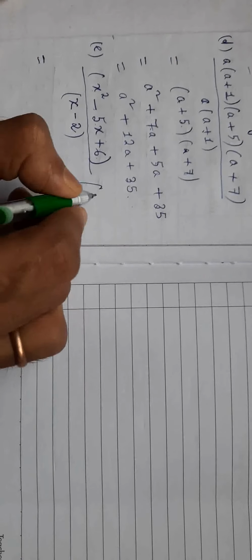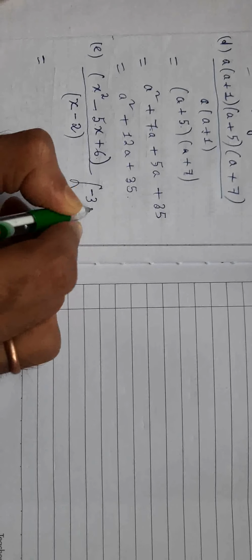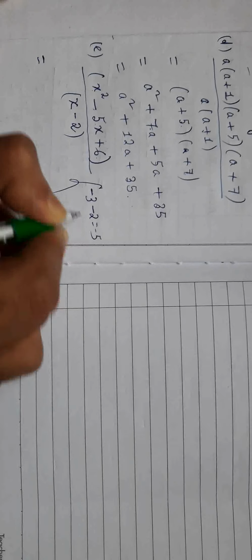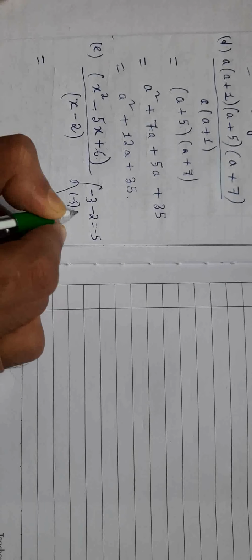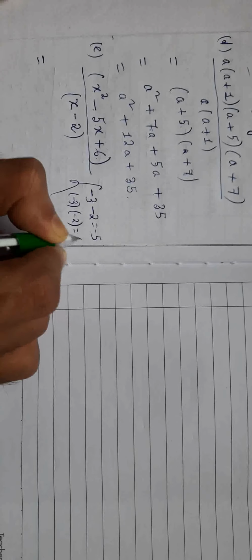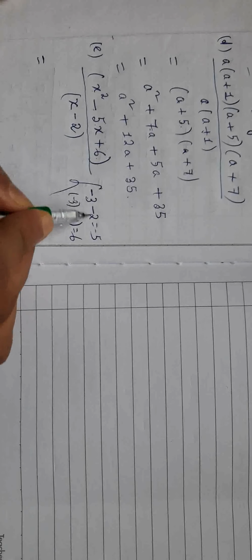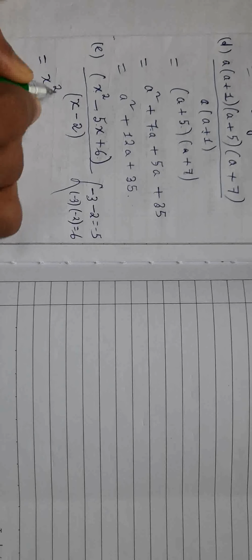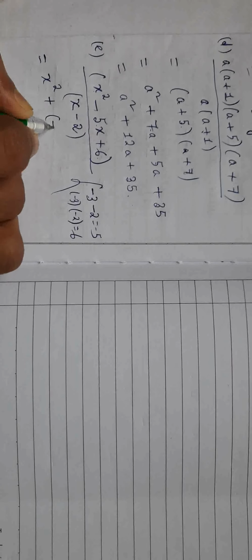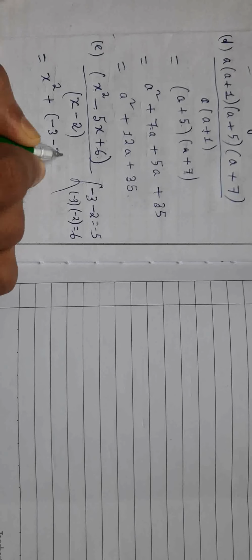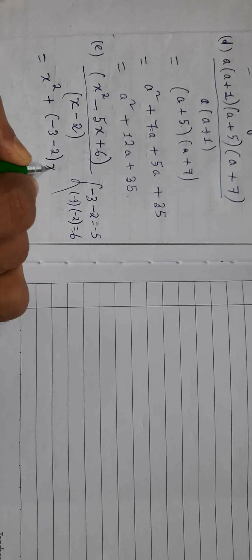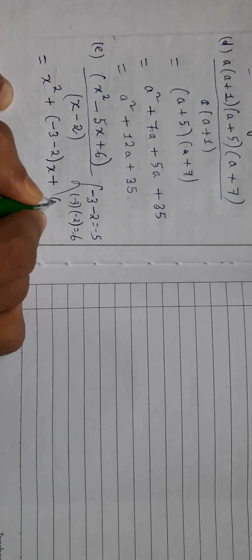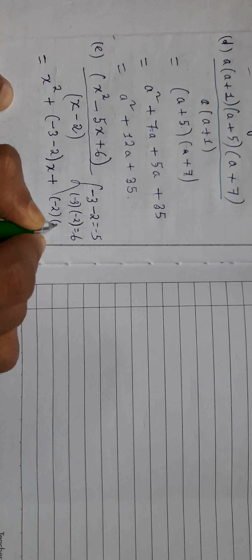So we know minus 3 and minus 2 is equal to minus 5, and similarly minus 3 into minus 2 is equal to plus 6. So our numbers would be minus 3 and minus 2. So we'll write the numerator x square plus minus 3 minus 2, and then x plus this 6 can be written as minus 2 into minus 3.